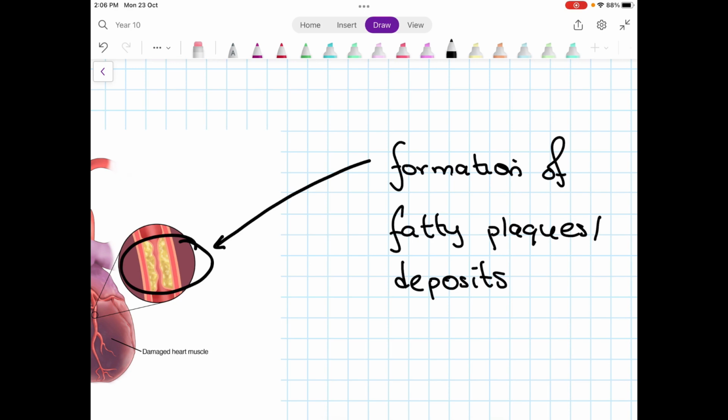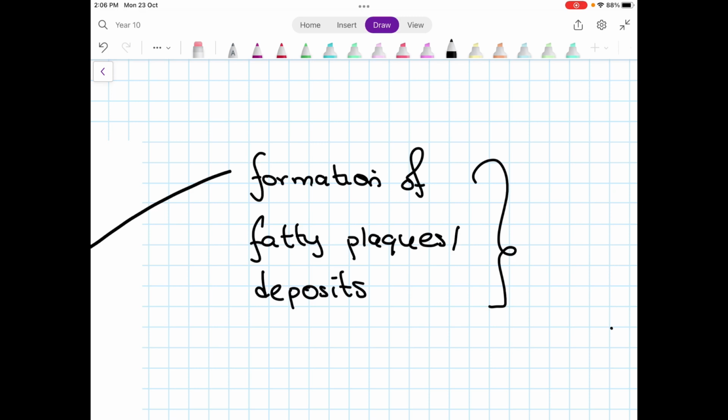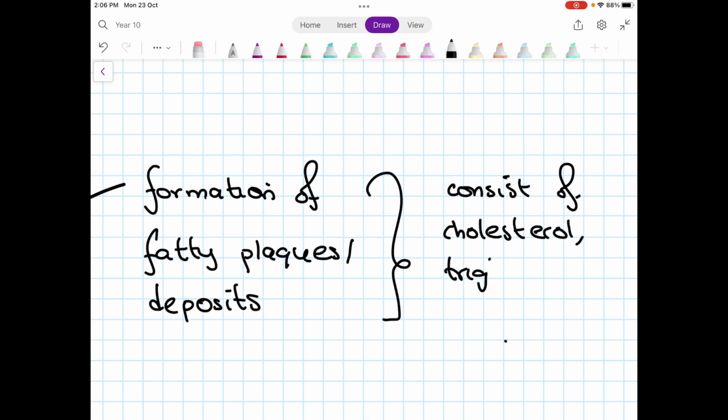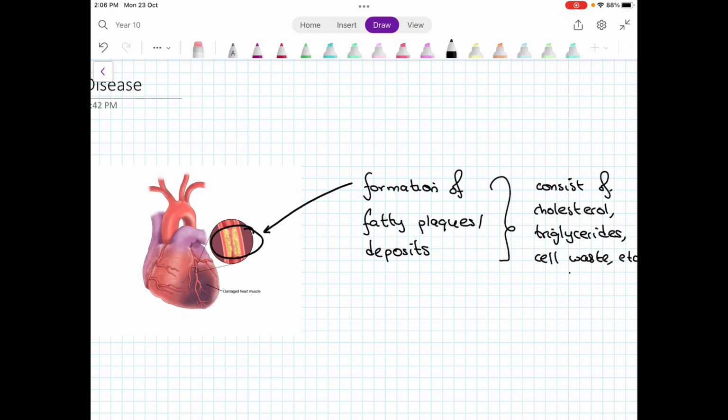Otherwise known as atheroma, and what can build up are substances such as cholesterol, triglycerides, cell waste, etc. And the reason why the formation of these atheroma are so detrimental to our body is that they can block the flow of blood through coronary arteries.